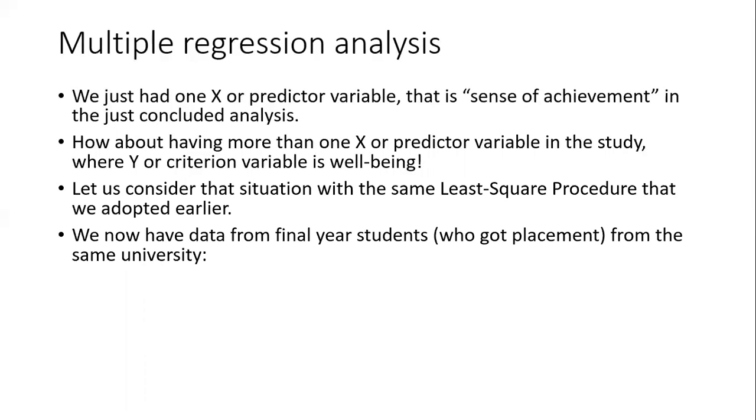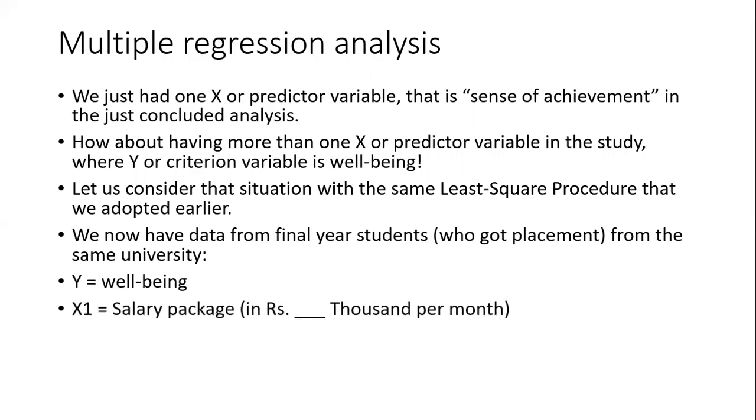So these students, about whom we'll be having simulated data, have got their placement. They've got their projected salaries in front of them from the same university. So we have Y as well-being, then X1 is salary package in thousands, 1,000 rupees per month.